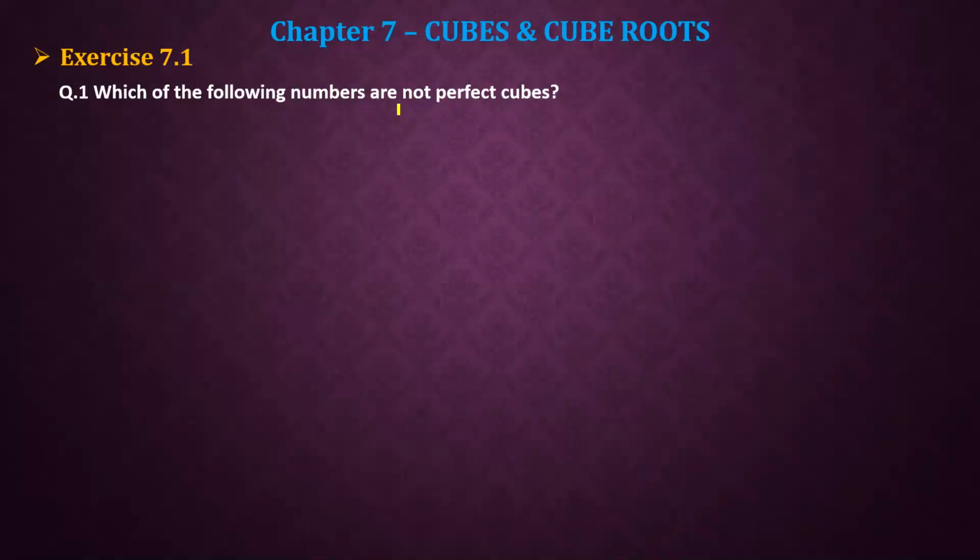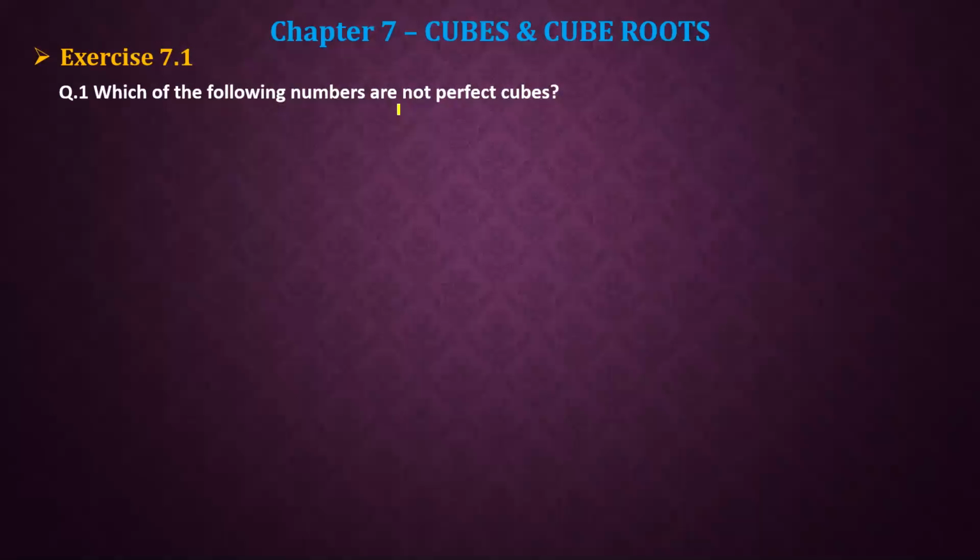Now we had considered some properties of cube or perfect cube numbers. One very important property is this: in case of perfect cube numbers, when we consider the prime factors, each prime factor is repeated thrice.